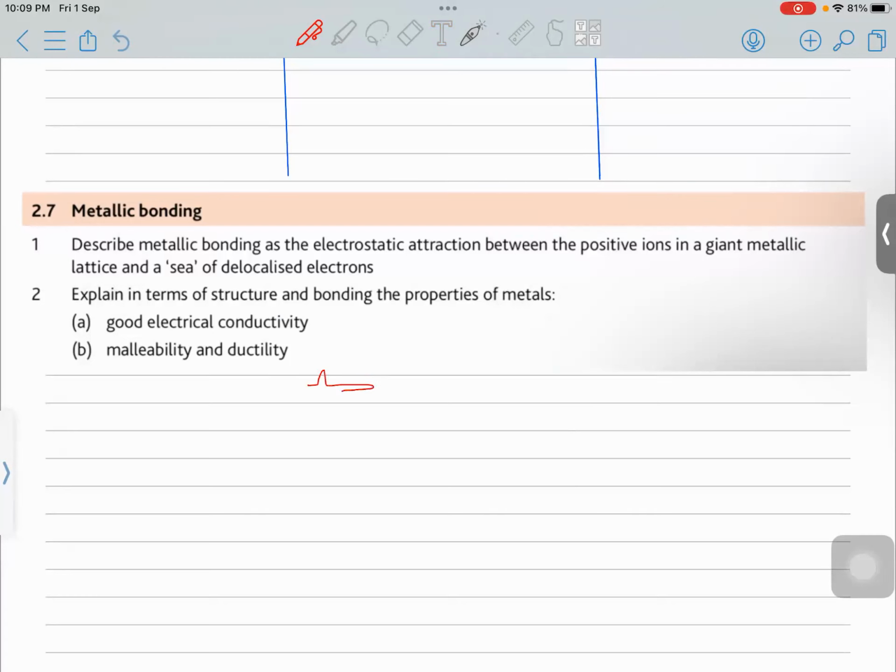Is this for the bonding between metal and metal? In the metal, not metal with the metal, in the metal. Okay, sir. Metallic bonding is the bonding within the metal.